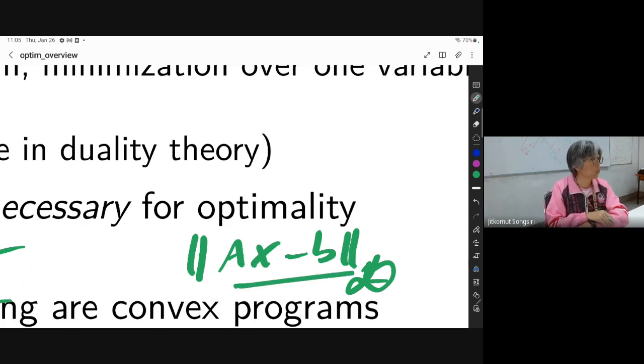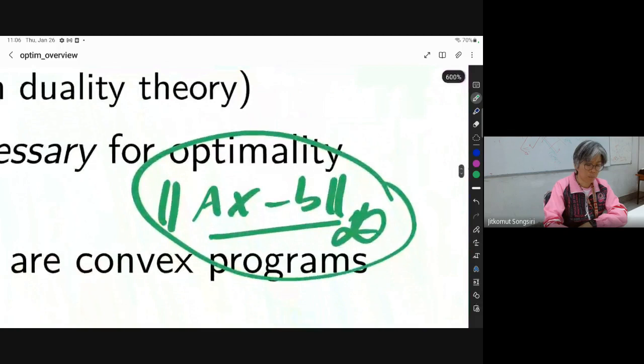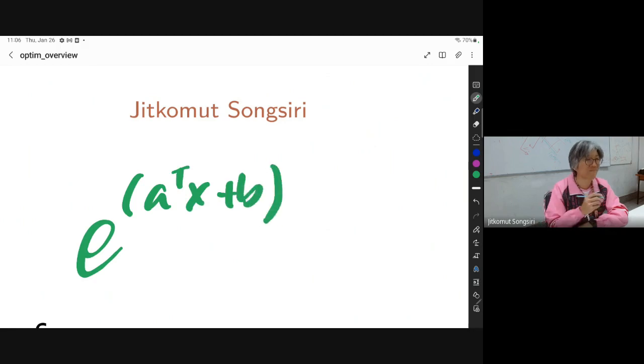I do composite with phi, so this whole function is convex. Again, what happened? My e to the a transpose x plus b is convex because I know that e to the x is convex, right? And I composite with phi. So the result is convex.